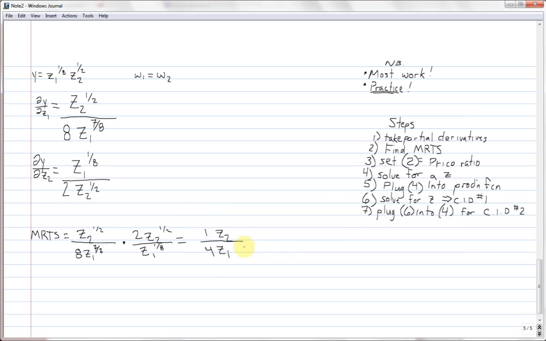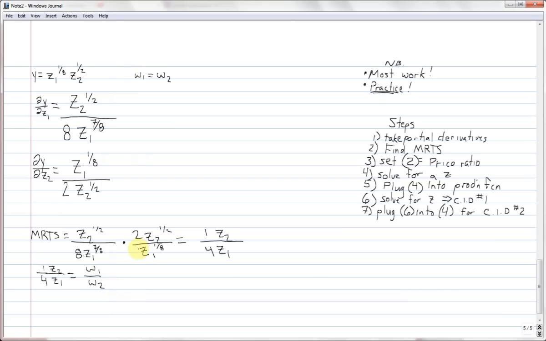Okay? Now with that knowledge, step 3, set the MRTS equal to the price ratio. So what is the price ratio? Well, it's W1 over W2, right? The ratio of price 1 to price 2.